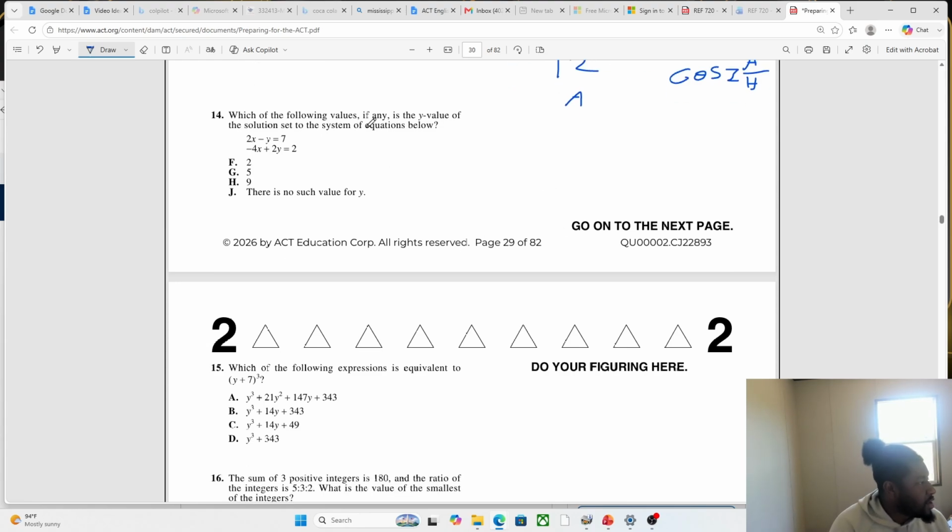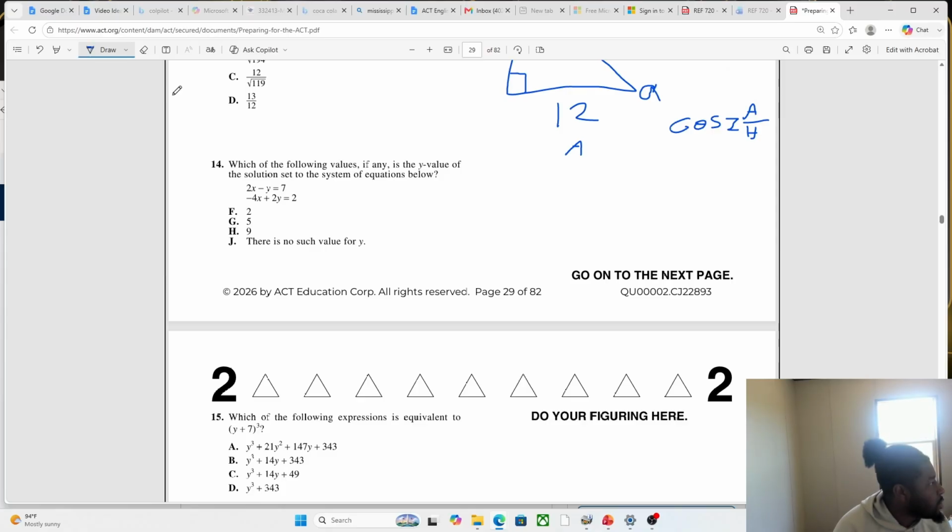Which of the following values, if any, is the y value of the solution set to the system of equations below? All right, so there's 2 ways to do this. Let me get some more room.